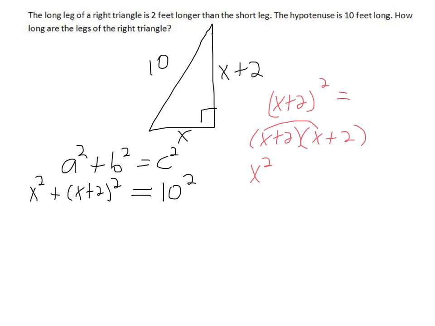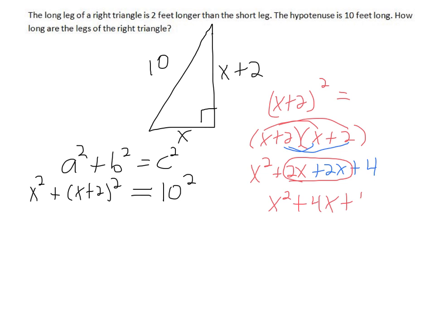So I'm first going to distribute this x all the way through. We have x times x is x squared plus 2 times x is 2x. Then I'm going to distribute this plus 2 all the way through. Get plus 2x plus 4. I can then combine like terms to get x squared plus 4x plus 4.